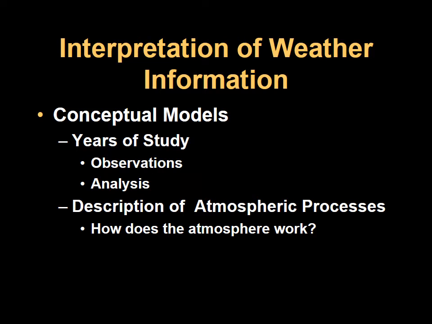After the telegraph, people could communicate with each other in real time, and they started sending weather information. So all of these weather observations were shared with other locations. People started comparing them and started noticing trends in the weather. So those observations led to kind of an analysis of the weather.